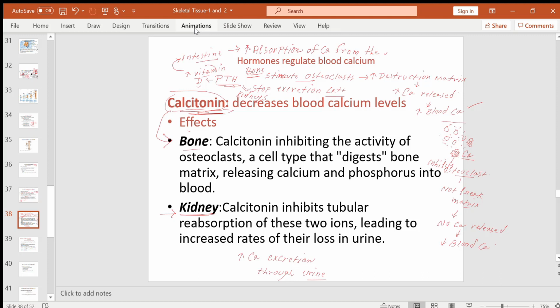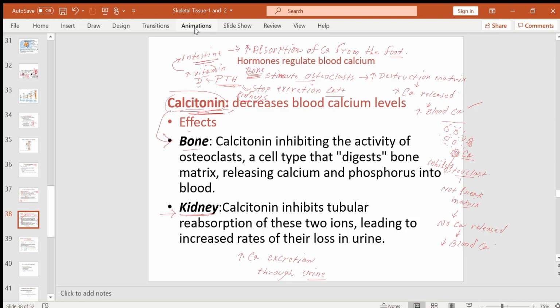From the food, the vitamin D will increase the absorption of calcium. That means we'll take the calcium quickly into the blood. So blood calcium will go up. So you see that the parathyroid hormone works on the three structures: bones, kidneys, and intestine.